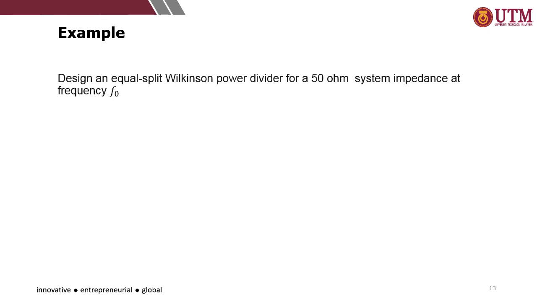Let's look at an example. Design an equal split power divider, in which the K squared ratio equals 1, for a 50 ohm system impedance at a frequency of f0.